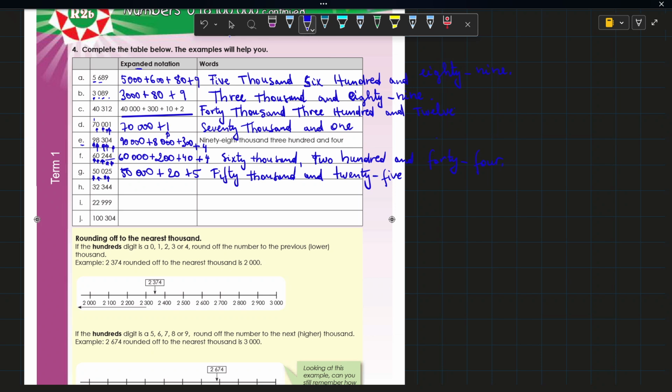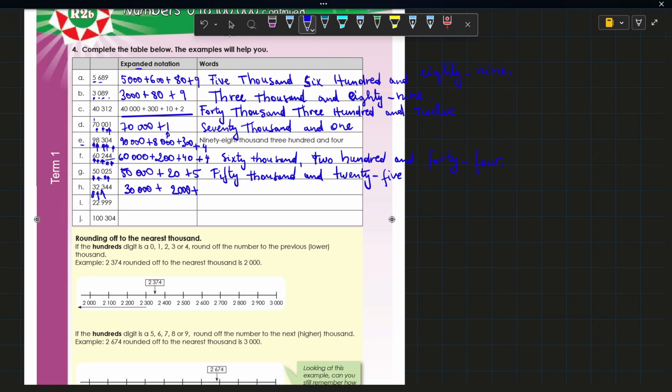And the next one here, we've got in expanded form. What have we got? Well, so we start with this digit here. So we're going to have 30,000 plus 4. The next one here is 2, and the rest will be 0 plus.